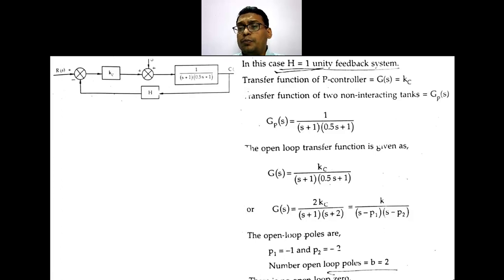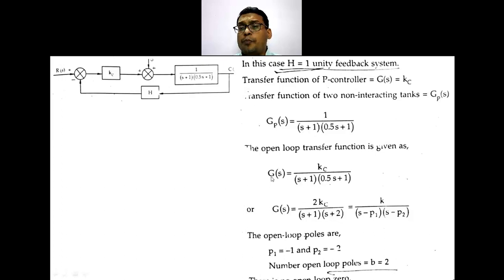There are two open loop poles for which the open loop transfer function becomes infinity. If s is equal to minus 1, then this factor becomes 0, and anything upon 0 gives the value of infinity.